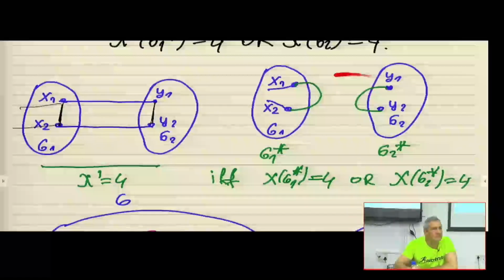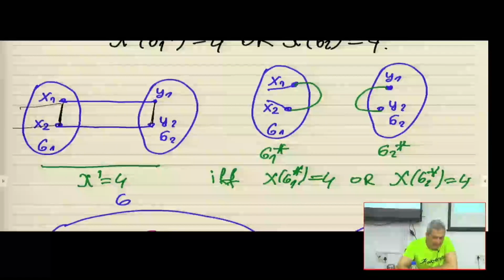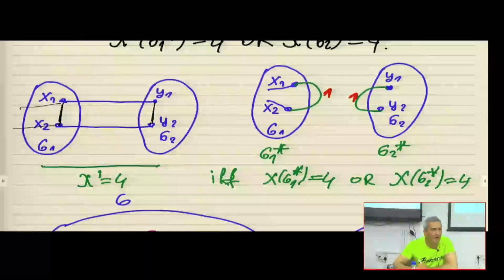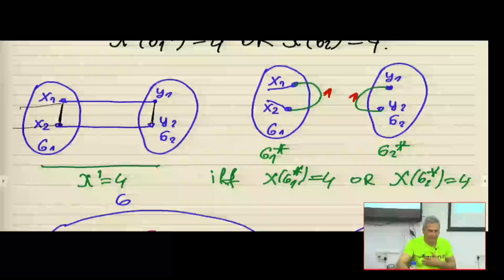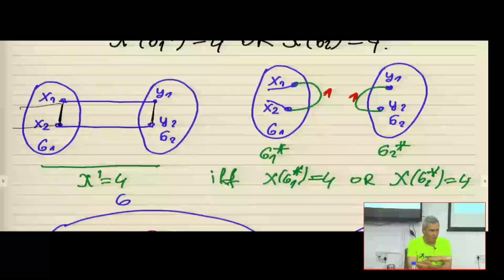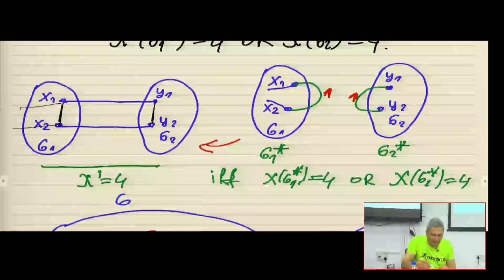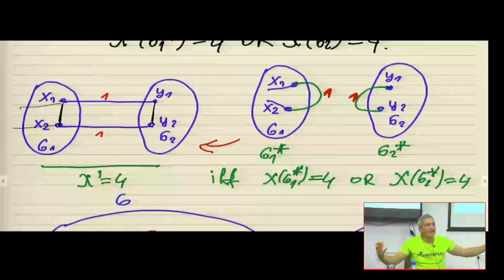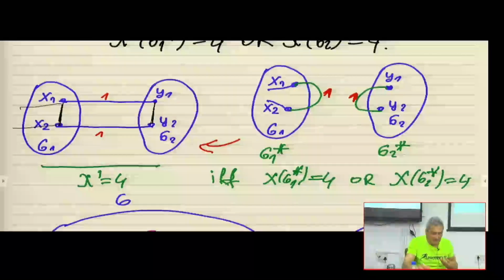Without loss of generality, I can assume that the color here is 1. I have 3-edge colorings, and the color here is 1, because I can permute the colors. If here it is some other color, I can permute to make it 1, changing everywhere colors 1 and 2, 2 with 1, 1 with 2. And now when I have this, I will go back and put here color 1, and here color 1. And then I get a 3-edge coloring of this graph.